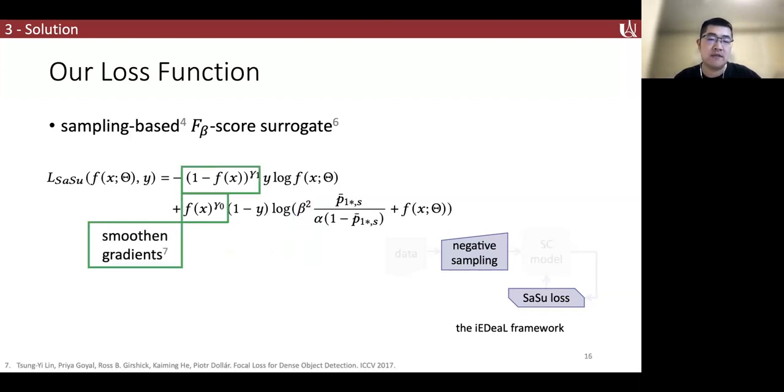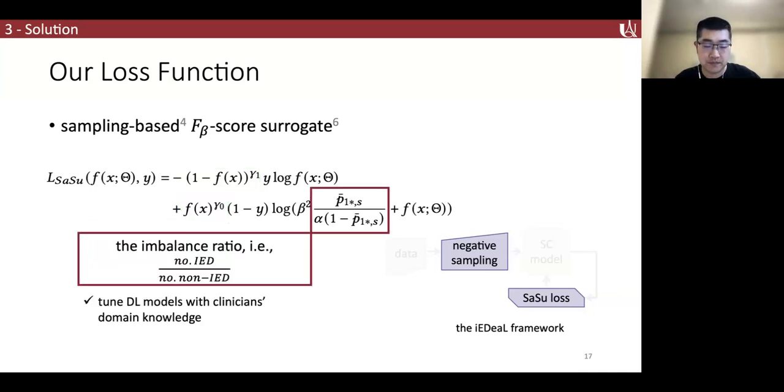We also have a term in front of each part that is used to smoothen the gradients. These are inspired by the focal loss. The idea is that if the model makes more accurate predictions for each class, their gradients are further pushed close to 0.